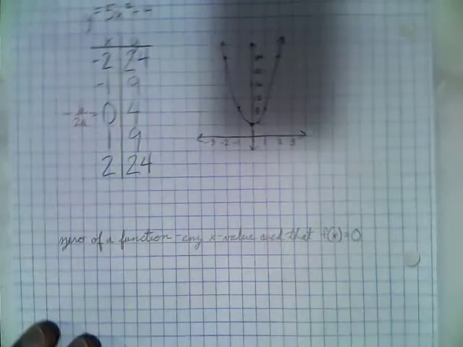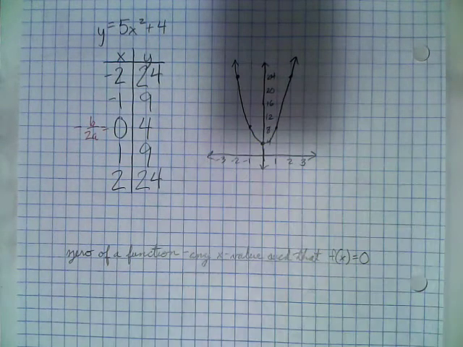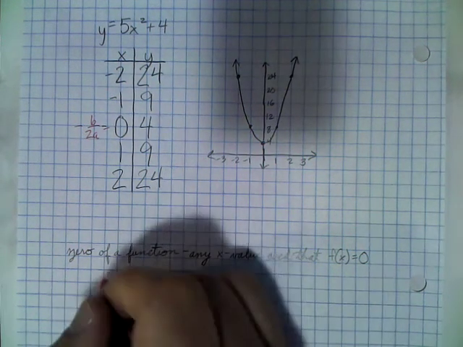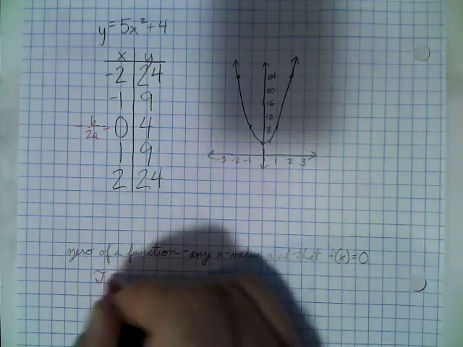And in our last example, likewise, you can tell that there are no zeros. We could always have 1 zero as well, but that's only when the vertex hits the x-axis. So remember that we can have 2 zeros, 1 zero, or no zeros. So the zero of a function is where the function is 0.